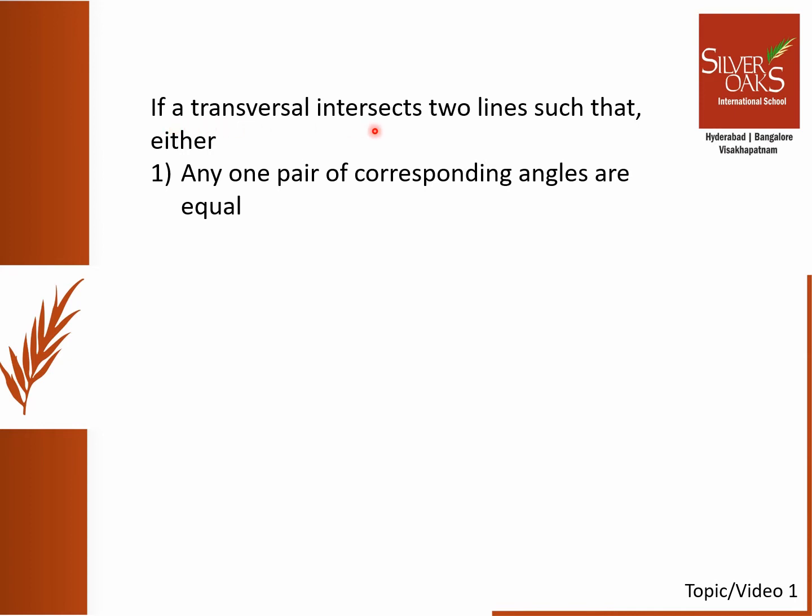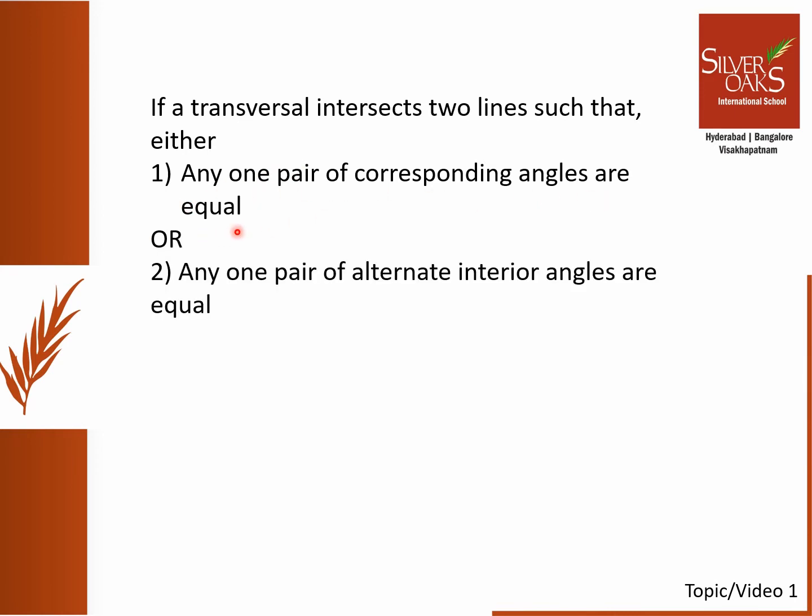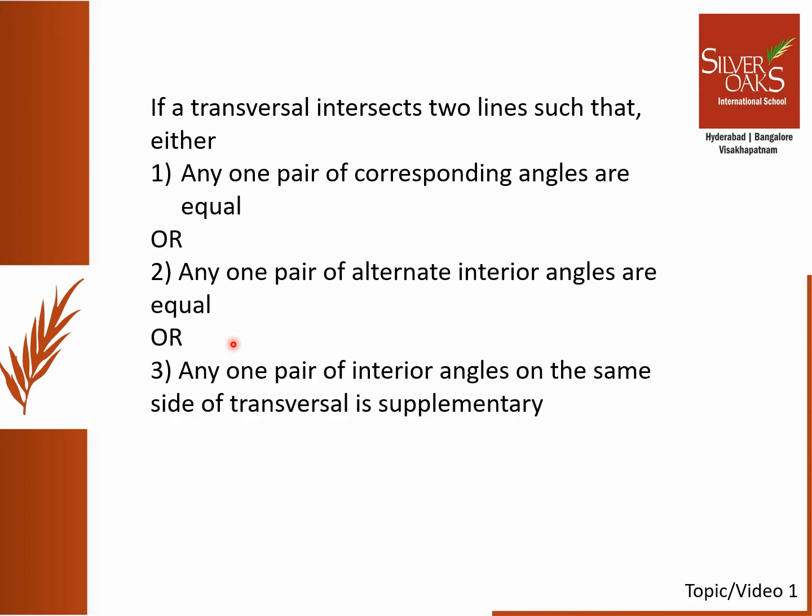If a transversal intersects two lines such that any one pair of corresponding angles are equal, then the lines will be parallel, or any one pair of alternate interior angles are equal, then also lines will be parallel, or any one pair of interior angles on the same side of the transversal is supplementary, then also lines will be parallel, right? Under any one of these three conditions, if any two lines are given, then we can prove that the lines are parallel to each other.